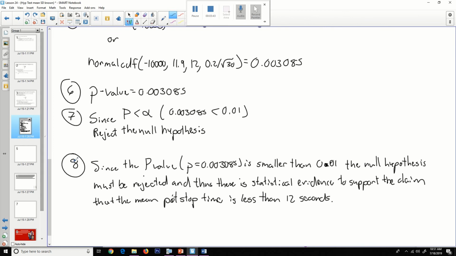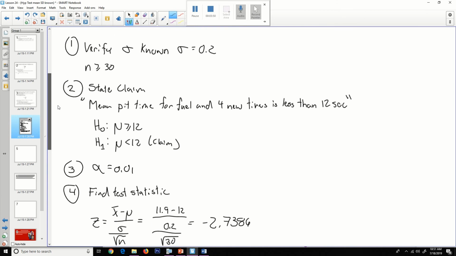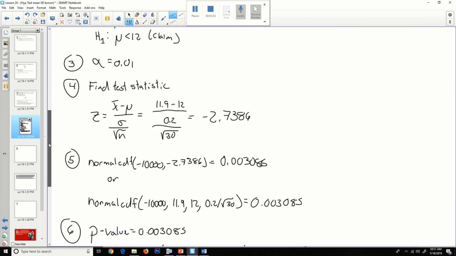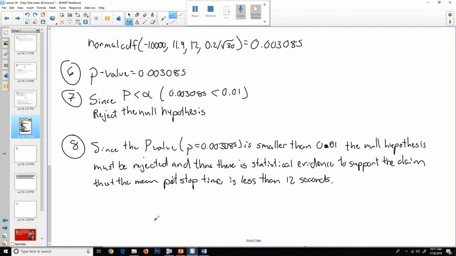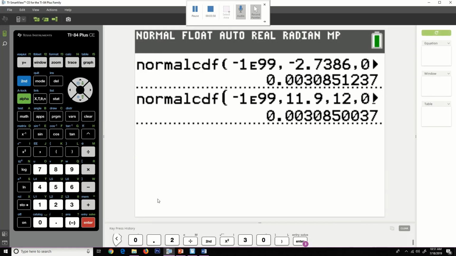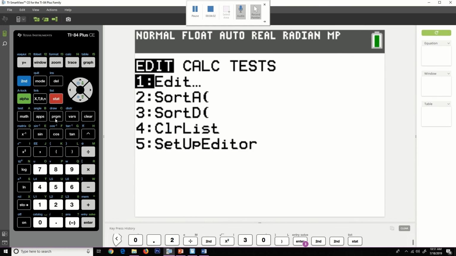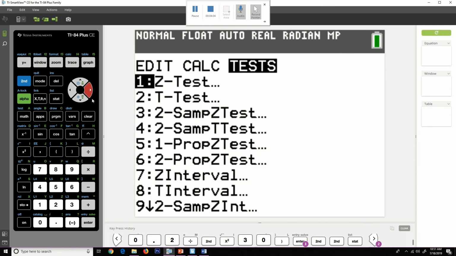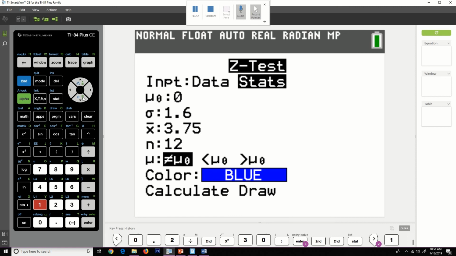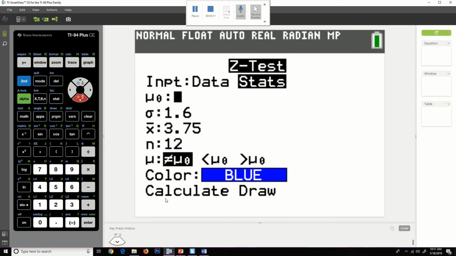and so we did all that, and as a practical matter, we went through and we made all these calculations. But in the quote-unquote real world, we can get all of this stuff fairly easily. If we go to stat and we go over here to tests, this was a z-test. So if I hit 1 for my z, we go through and talk about how to enter this stuff.